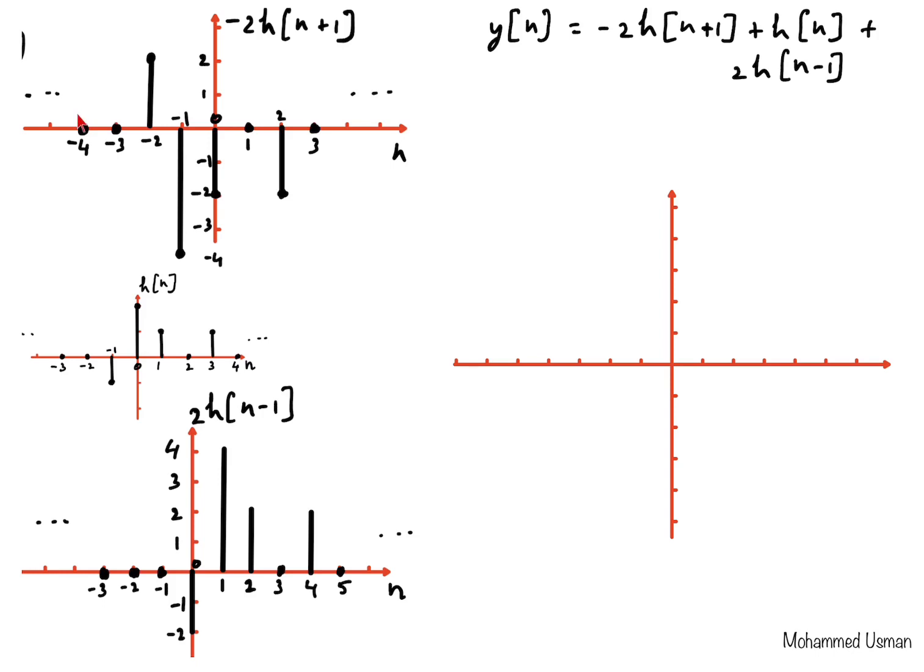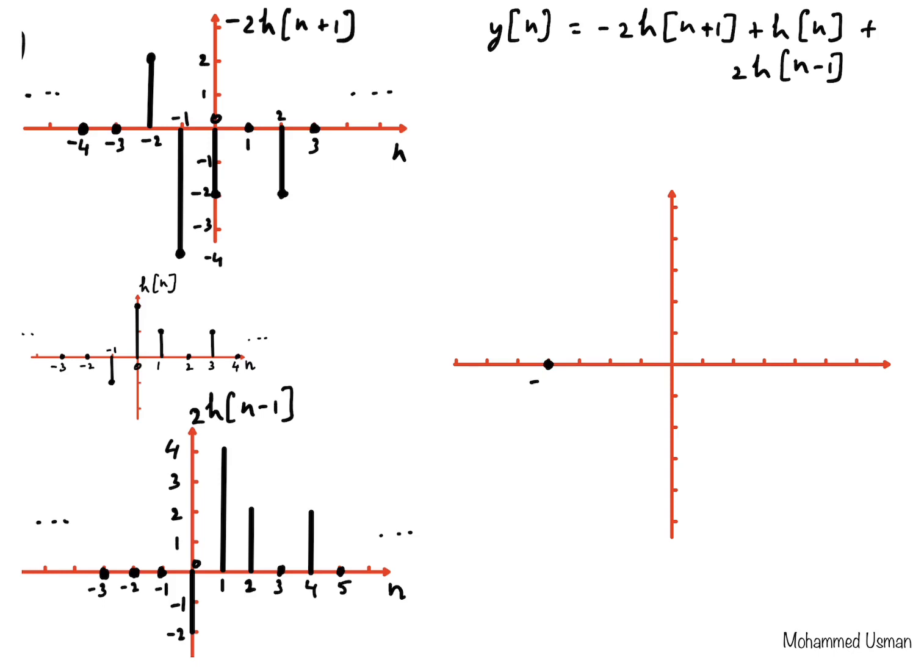So when n equal to -4 in the first plot, it is 0. For n equal to -4 in h of n is also 0, because anything beyond this is also 0. That's what these dots indicate. So that's also 0. So 0 plus 0, and here also it's 0. For n equal to -4, we are going to get 0. So n equal to -4 is, that's -1, -2, -3, -4 to here, the fourth point here.